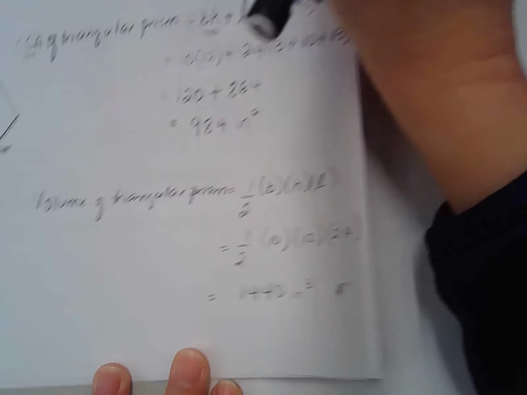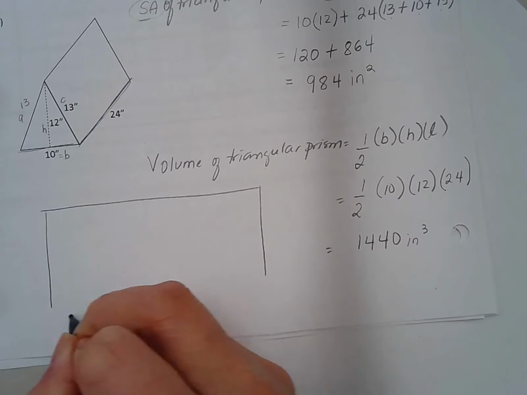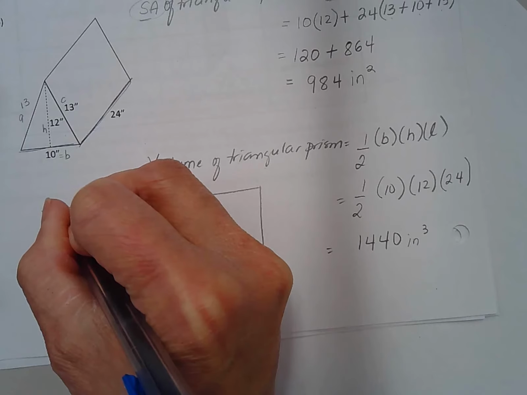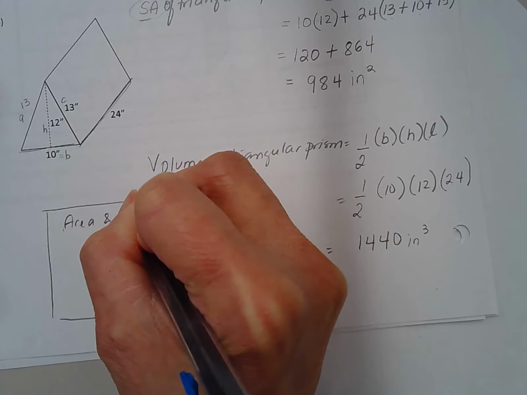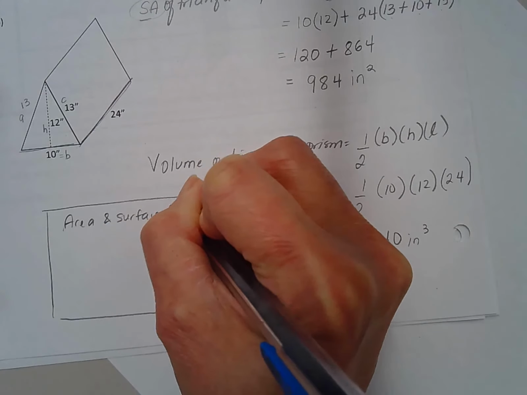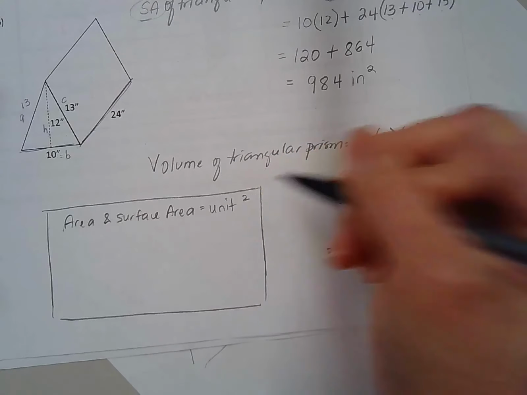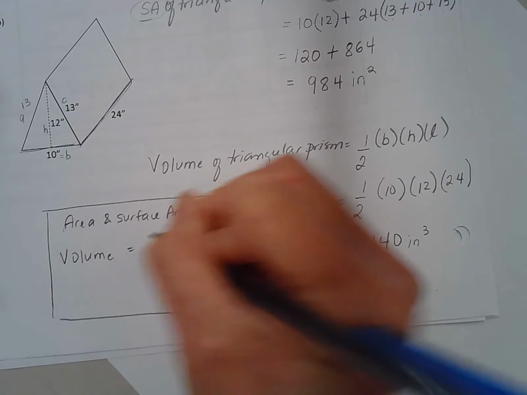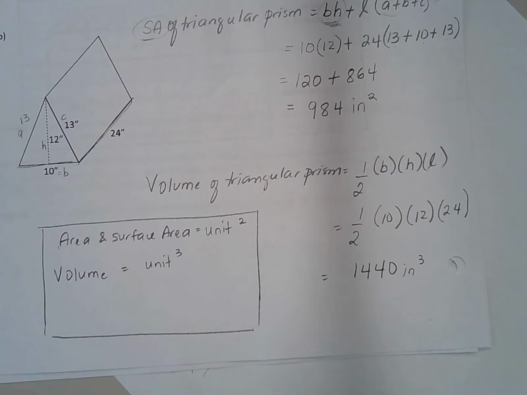Now you want to put this on your study sheet or formula sheet for the exam. So area and surface area, you're going to have unit squared, and then volume would be unit cubed, just to give ourselves a reminder.